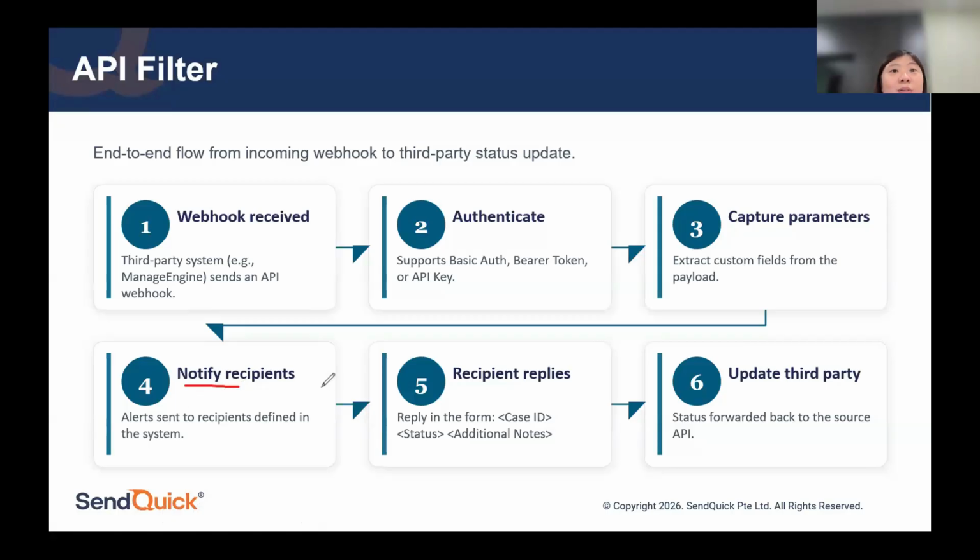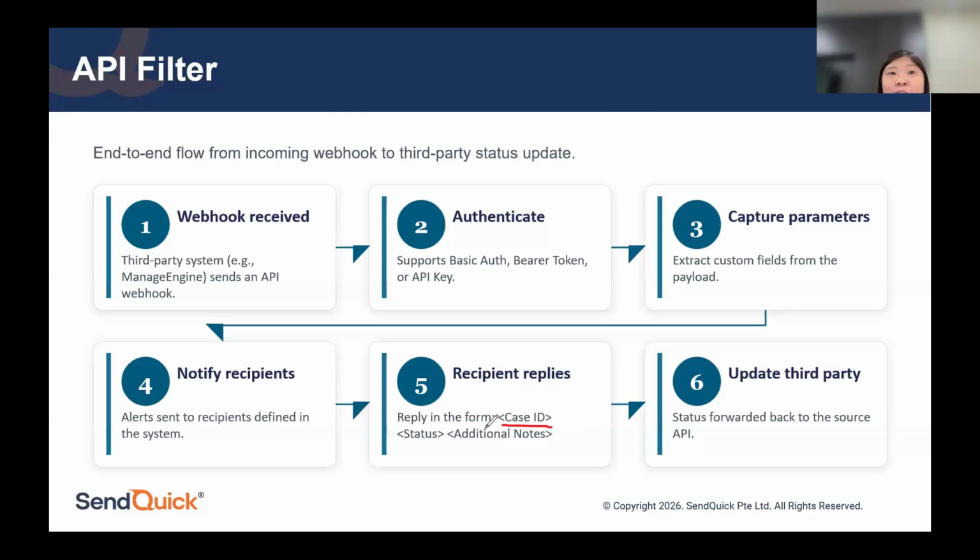Then after we send out the message to your team, in SMS or WhatsApp, Telegram, or maybe a voice call and email, they can actually reply to the message. They reply with the case ID.